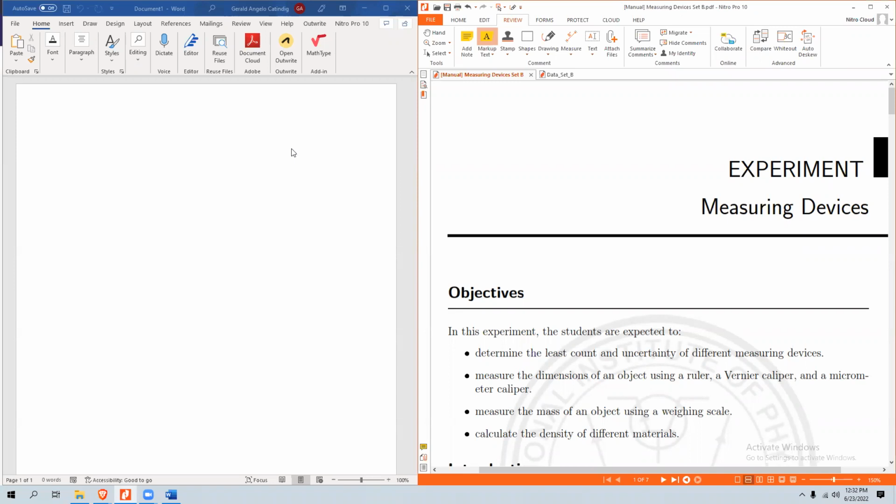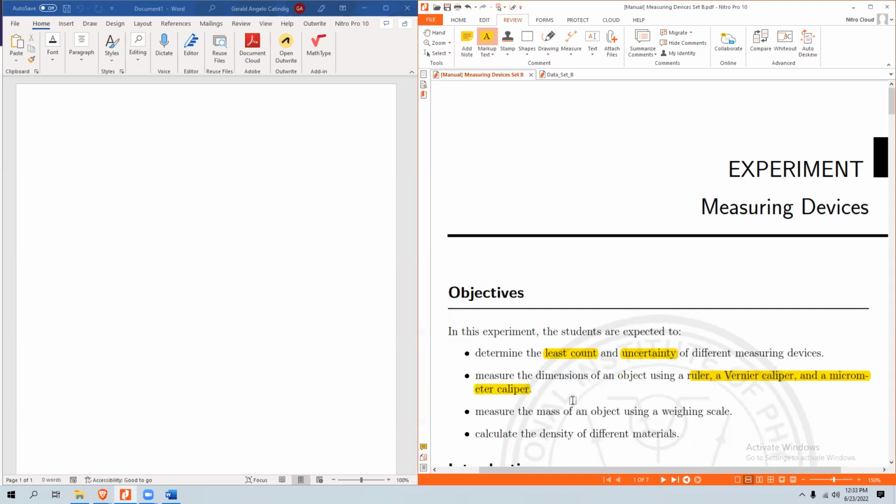So for this experiment, we have four learning outcomes. First, we want to determine the least count and uncertainty of different measuring devices. The least count will be a concept that we will be discussing during this experiment. Secondly, we want to measure the dimensions of an object using different measuring devices like rulers, Vernier calipers, and micrometer calipers.